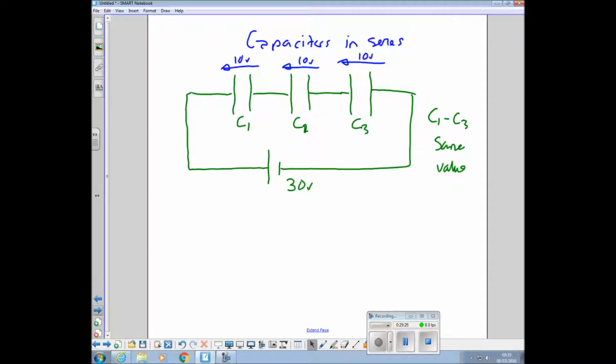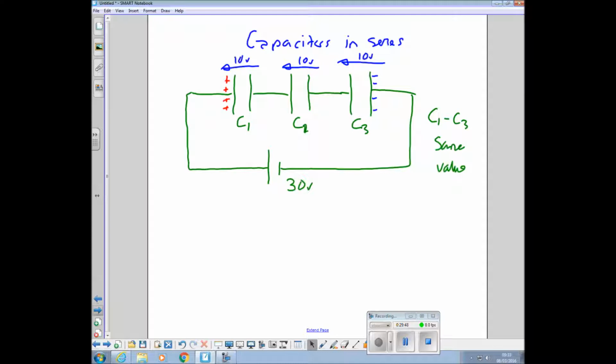Yeah? And if we took the battery away, in theory, perfect capacitors, that charge would stay where it is. Because what will have happened is, we'll have got, say, 4 positives on this plate, which will come from the fact that we've had 4 negatives congregate on that plate.